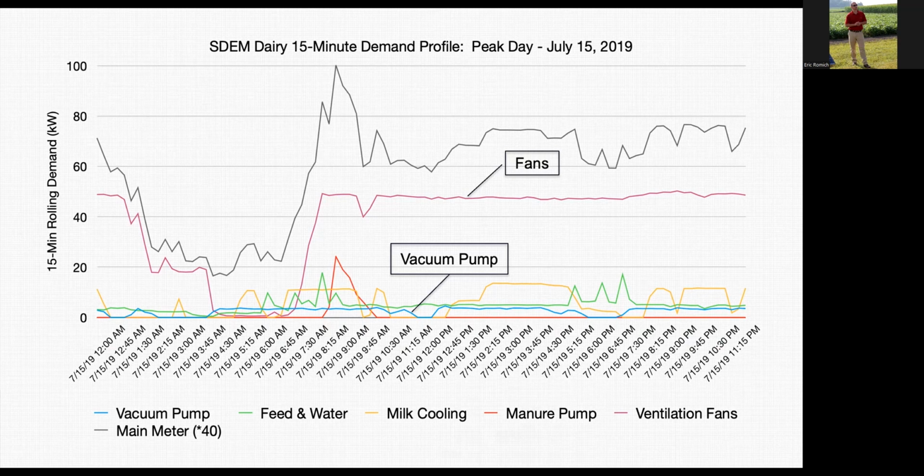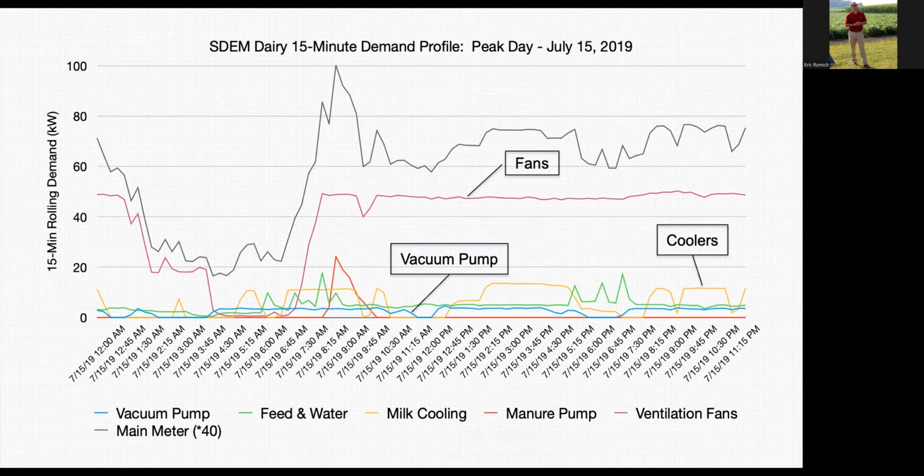But we think there's value in stepping back and looking at your operations and thinking about what are the different sized motors on your farm? How many motors are there? Where are the largest ones? When do they run? How long do they run? Why do they run? Is it an essential or non-essential operation? Hopefully seeing this level of data will help you think through that.